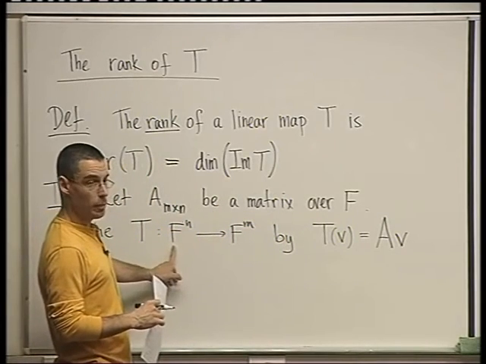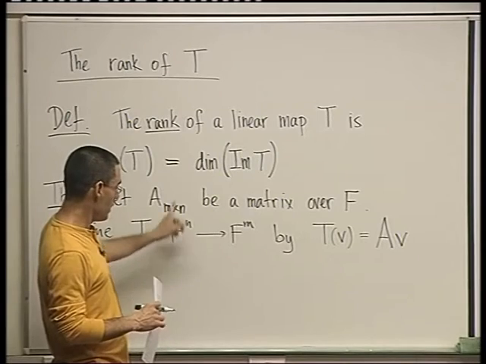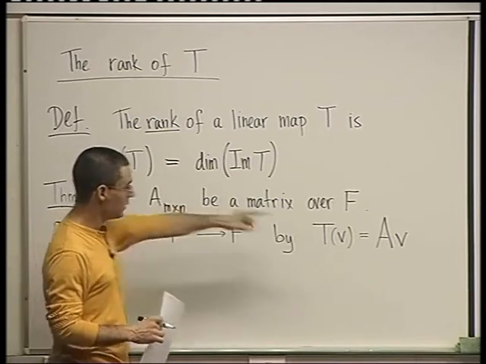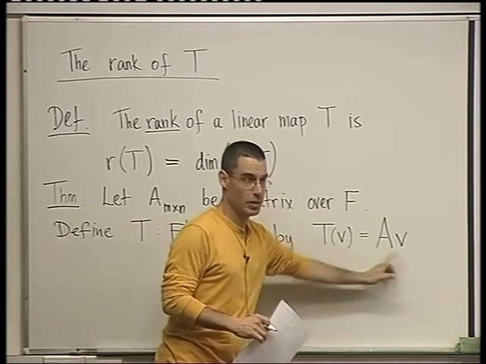V is in the domain space in Fn. It's a vector with n entries, so it's n by 1. So A fits. So this is well defined.